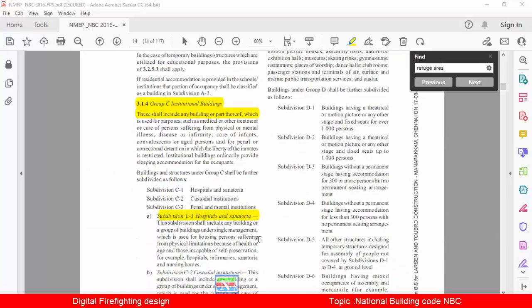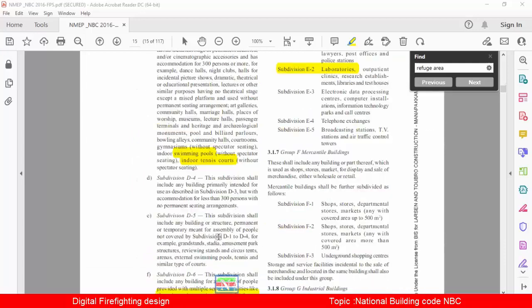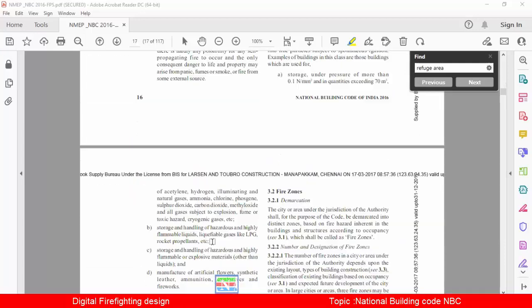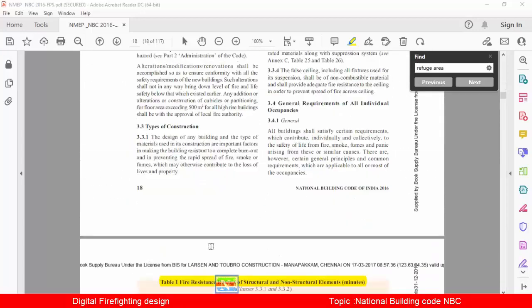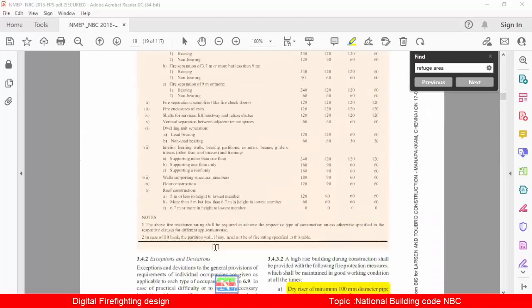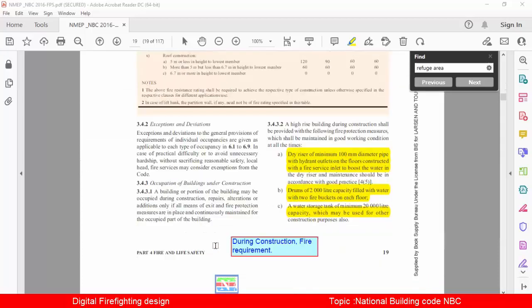You can go through all the subclasses. Go through only the highlighted parts, because I have read most of it. All the important points are highlighted here.